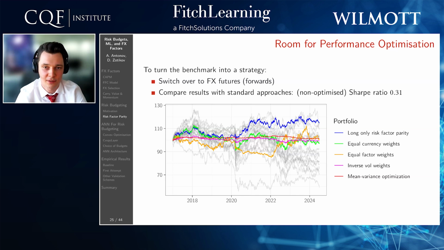But still, there's room for optimization, and we want to report that if we consider this framework to be used as a strategy rather than a benchmark, then we would switch over to futures instead of currency spots.